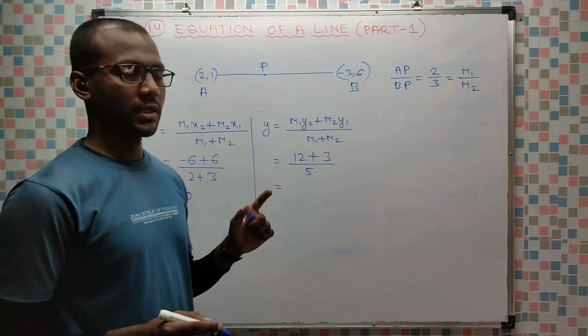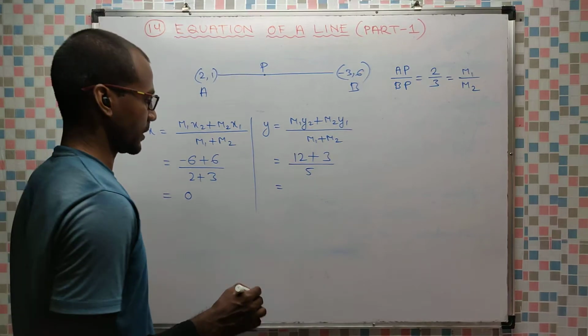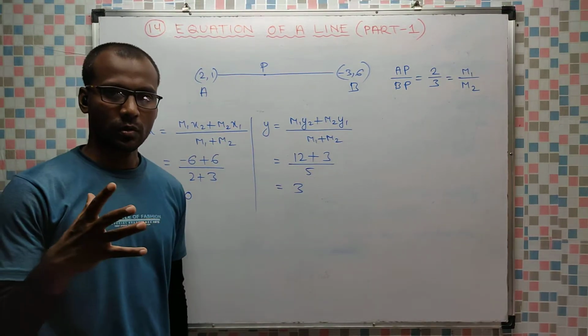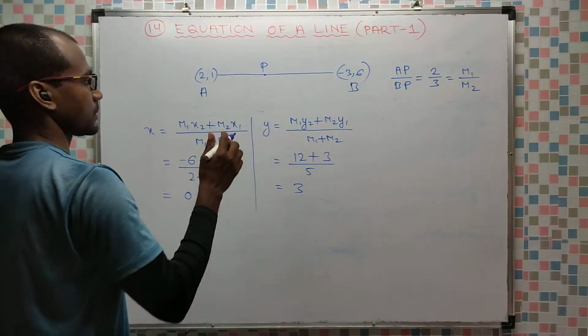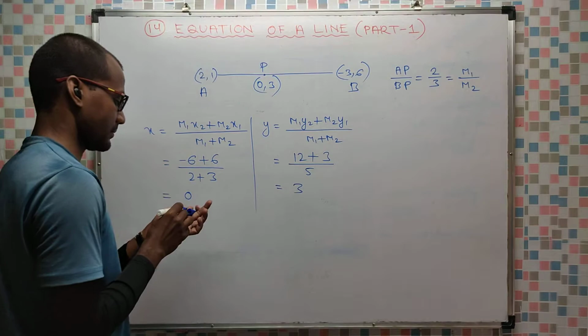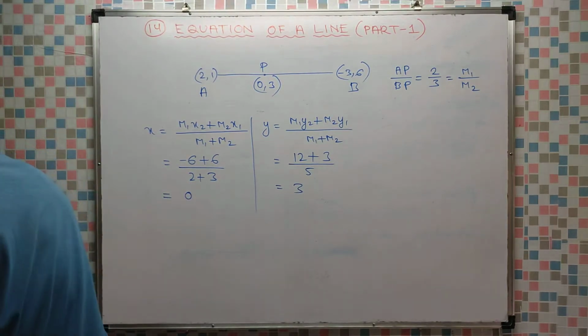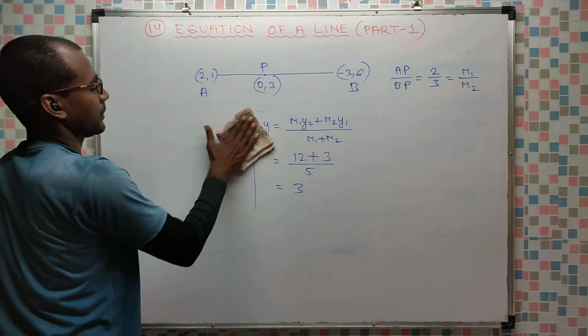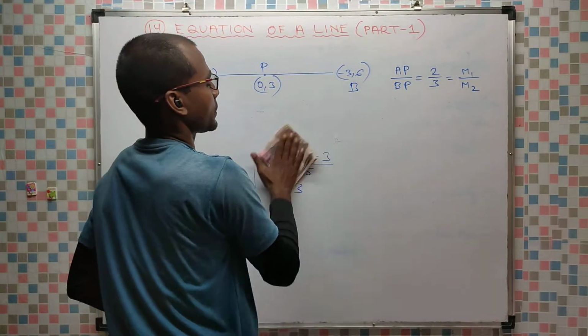So this is 12 plus 3, which is 15. 15 by 5 is 3. So we got the x and y coordinates of the point P. So P is equal to (0, 3).